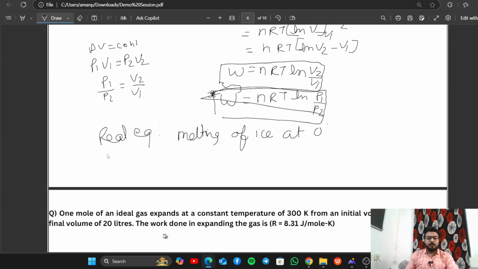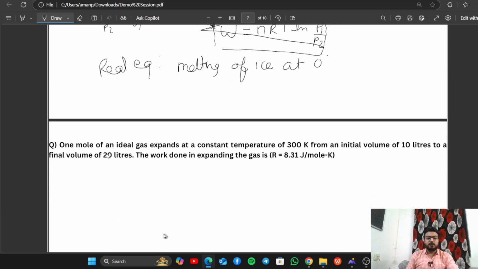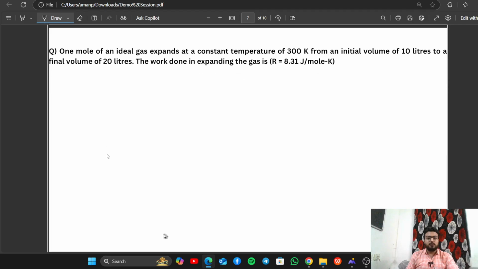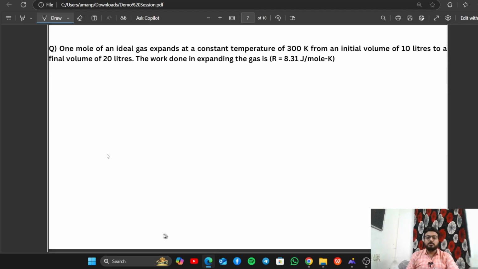Let's have a question for a better understanding of this topic. What does this question say? One mole, which means n is equal to 1, of an ideal gas expands at constant temperature. Constant temperature means an isothermal process, and the temperature is also given, 300 Kelvin.